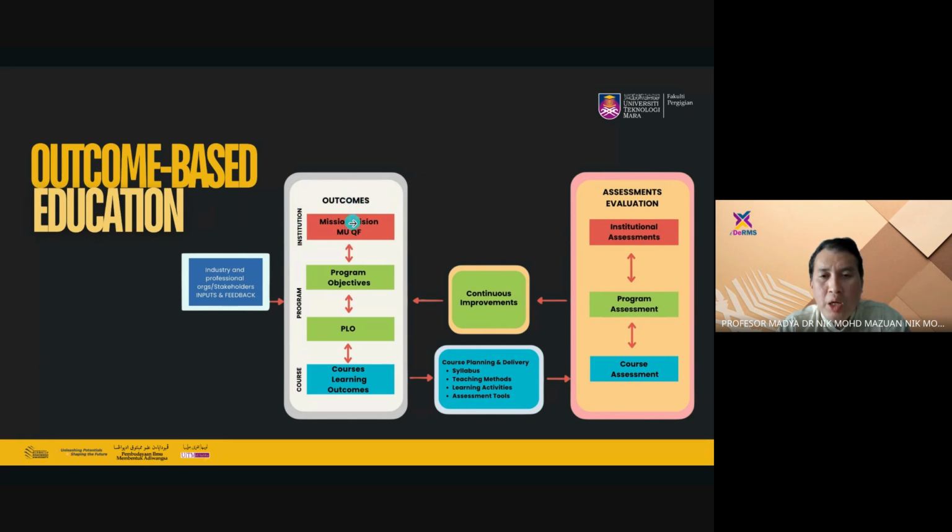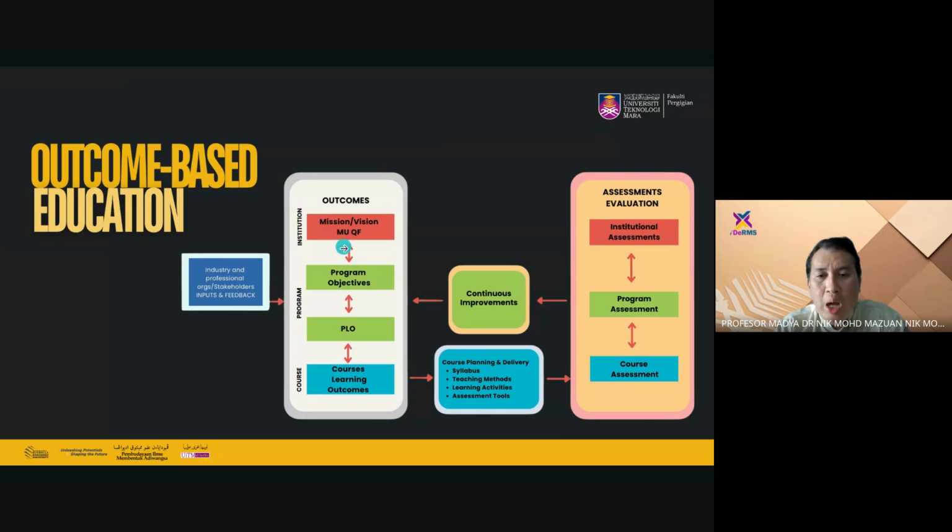The main outcomes have to be mapped to a few things. The first one is the mission and vision of the university. For us, it is the mission and vision of UiTM and the faculty. That will be the top-level tier.